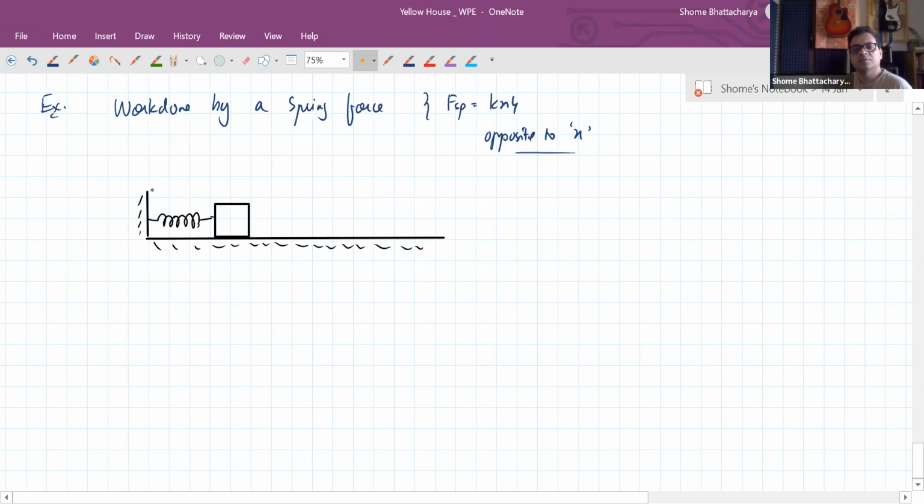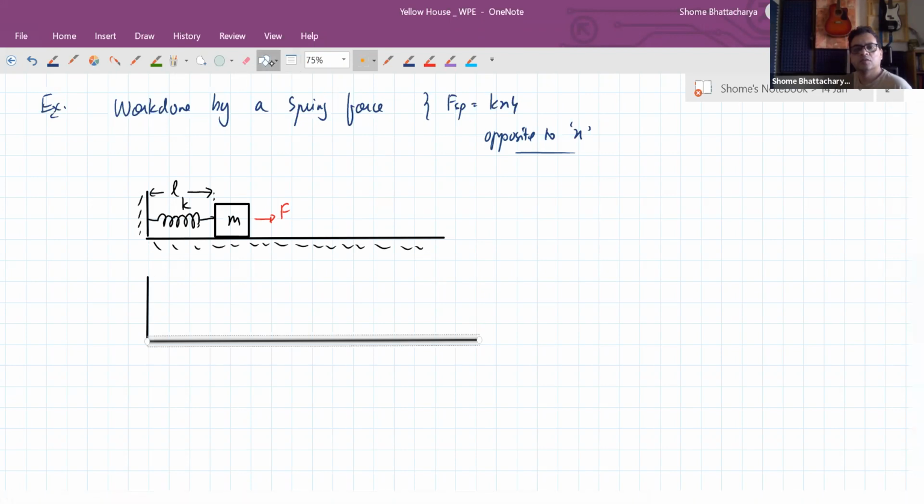So let's say in this diagram, the spring is in its natural length, L. But now we start pulling this block with some force. And as a result of that force, eventually what happens is that the block moves to some position like this.